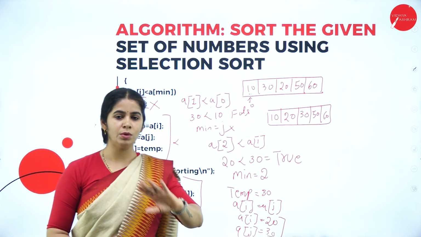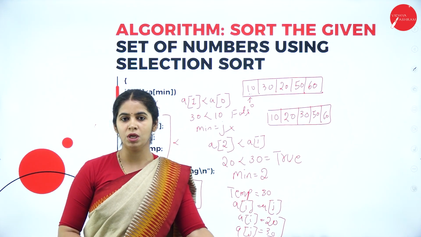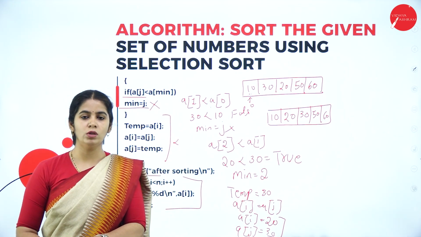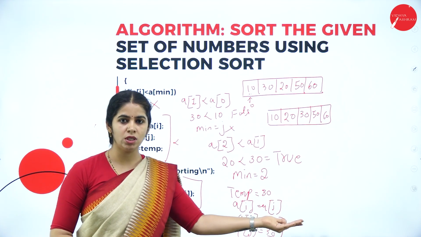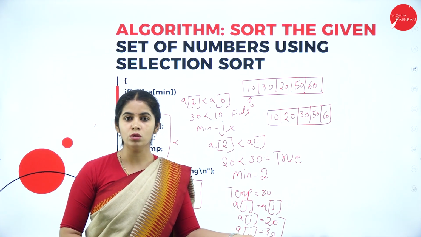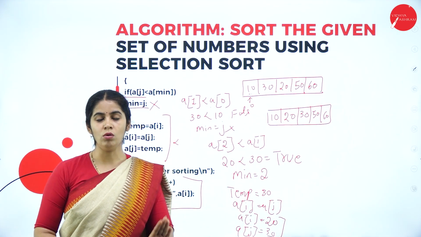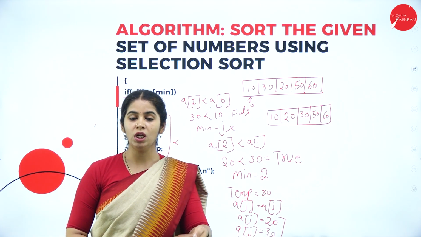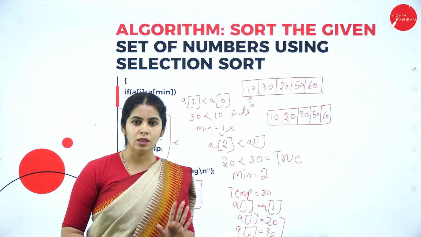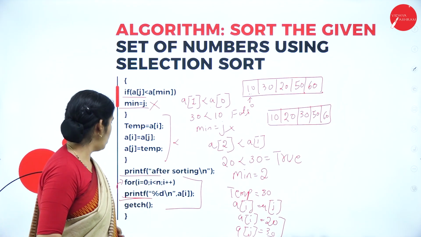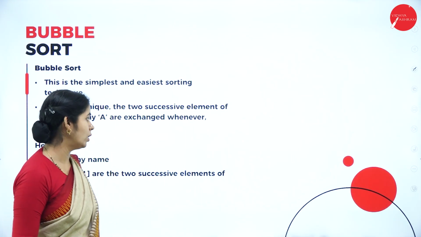A simple concept: select the minimum value, swap that minimum value with the 0th index of the array, then traverse the array, select the next minimum value, swap with the next index value, incrementing the minimum value each time we are swapping. That's clear? Fine. That is all about the selection sort algorithm.